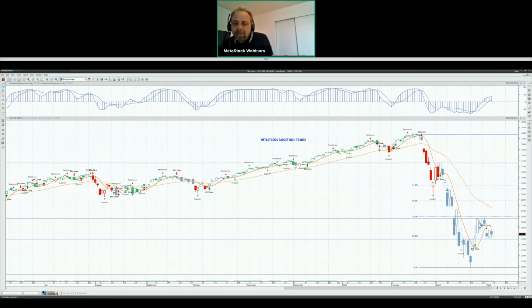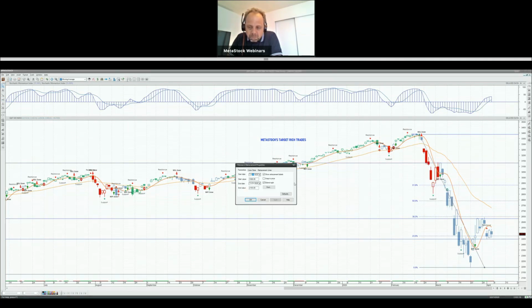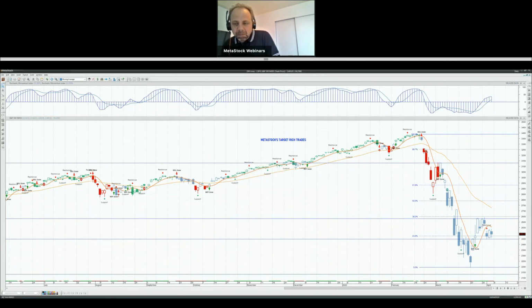The 38.2 comes in, it comes down to the 23.6, and a bat gives us a rotation that brings us all the way back up to an 88.7. So if we have 88.7, that takes us right back into the initial gap where we broke down.